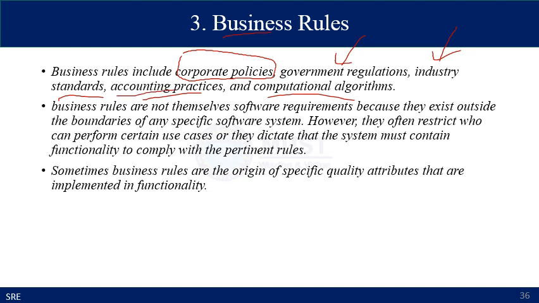And there can be some accounting practices and computational algorithms which must be incorporated in the product or are also part of your requirement document in the form of business rules.